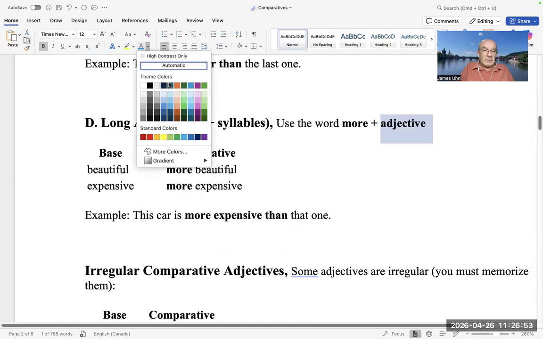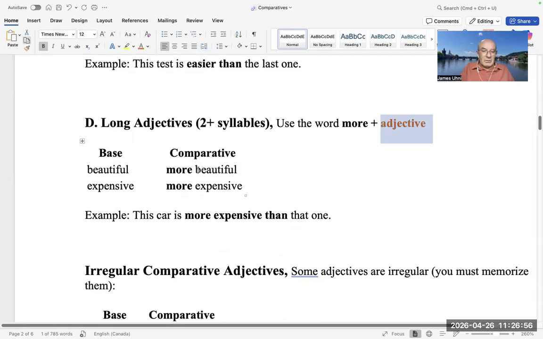Okay, let's put it in orange. The adjective doesn't change. What changes is only that we add the word more, because we cannot say beautifuler. We cannot say expensiver.